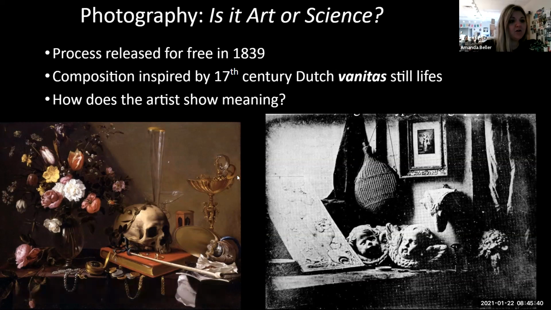If we think about compositions and we want to compare this back, think about a vanitas. Vanitas is, like I was saying with the memento mori, a collection of objects. Oftentimes it has something that reminds you of the passage of time. So in this case, this Dutch painting has flowers. Well, we all know that flowers only last a certain period of time and then they wilt away.